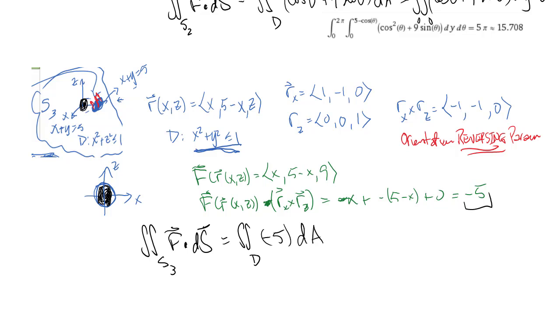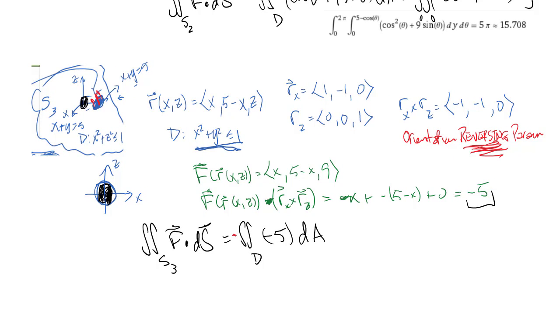Now, don't forget that we have an orientation reversing parameterization, so we need to multiply this by negative 1. Okay, so let's continue on. The negative 5 and negative 1 is going to be positive 5 on the outside. This is the integral of 1 dA.